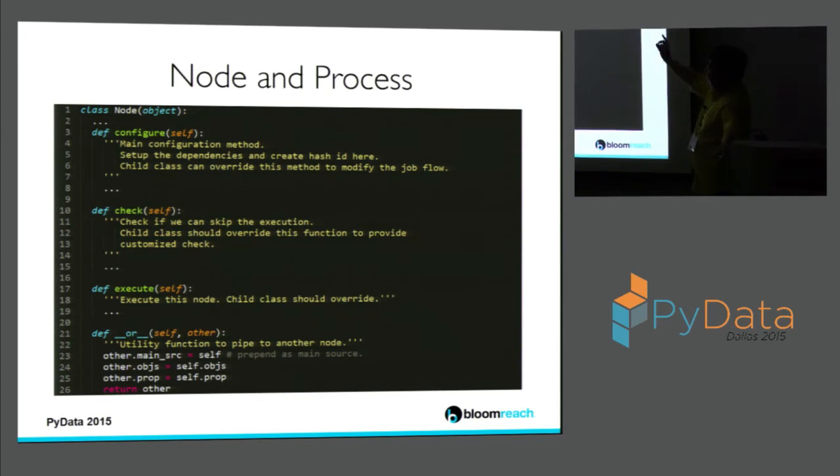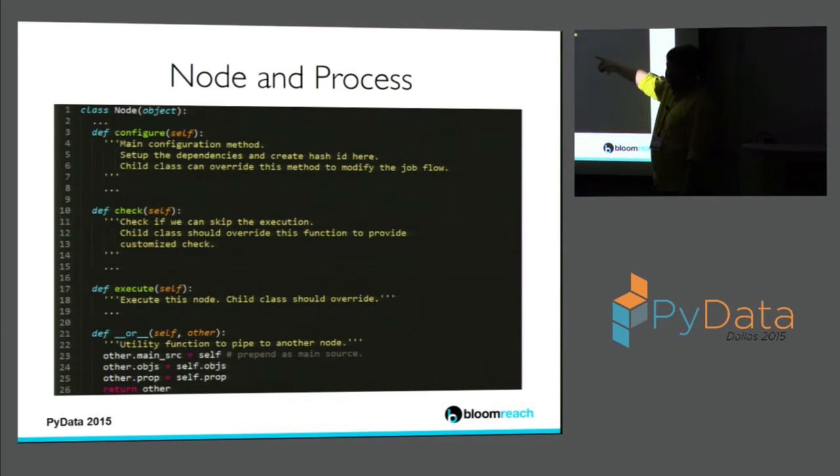This is basically a snippet of the node object. So what is a node? A node is something that can be executed. And also, it has the ability to be configured, like, sorry, not take a parameter, but change how it works. And it also has the ability to check if it needs to be executed.